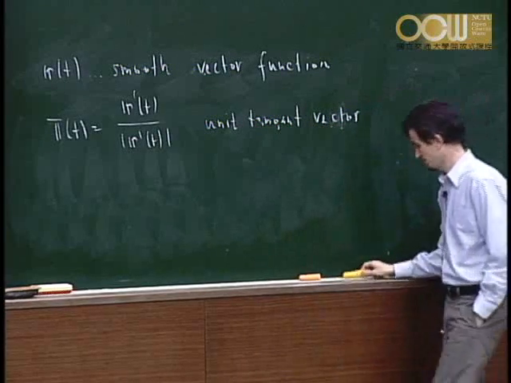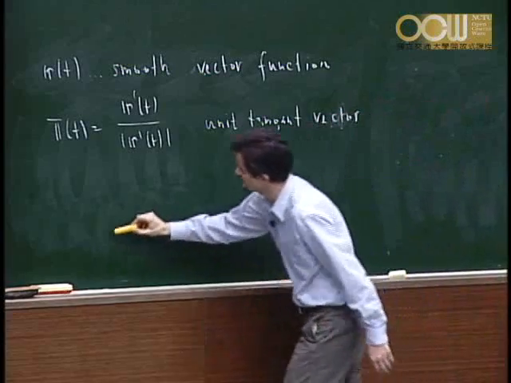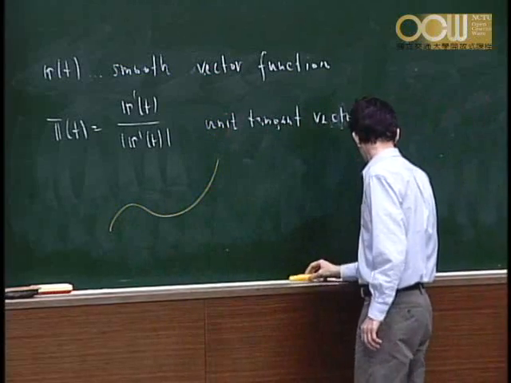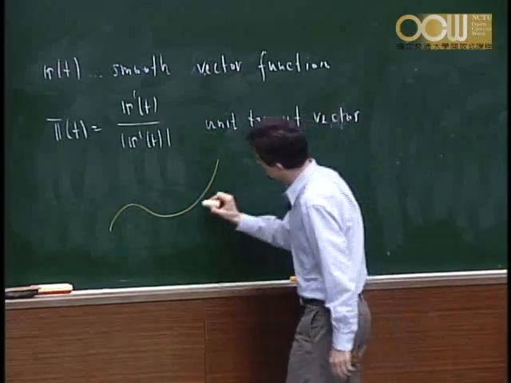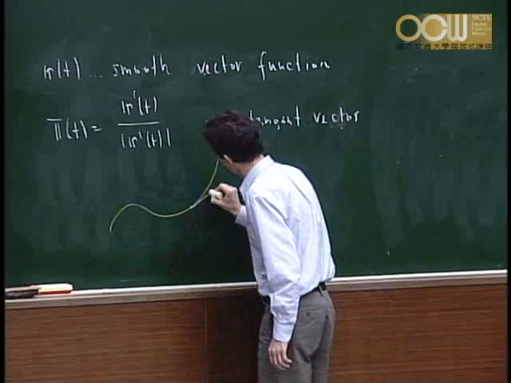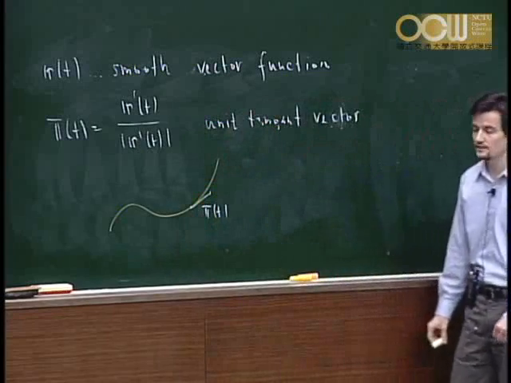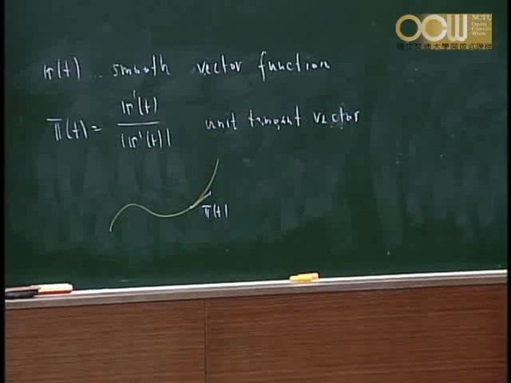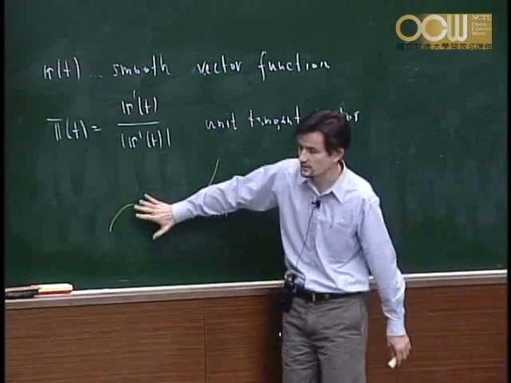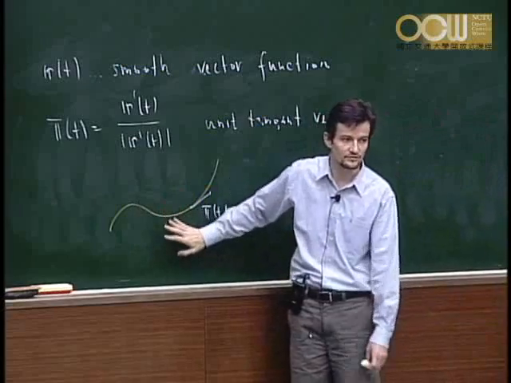Once more, if you look at some space curve, for instance at this point, we have a unit tangent vector. The curve I'm talking about is always a space curve, it's not a plane curve.